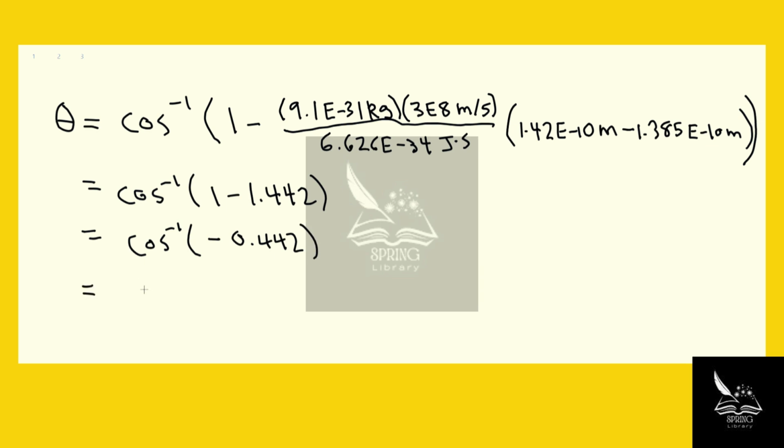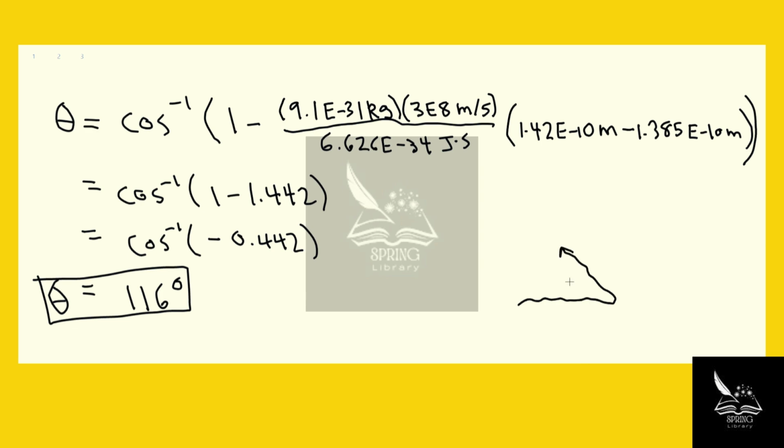And finally, we are left with 116 degrees. So our scattered photon was deflected a little bit over 90 degrees with its new lambda, and our electron was scattered some way.